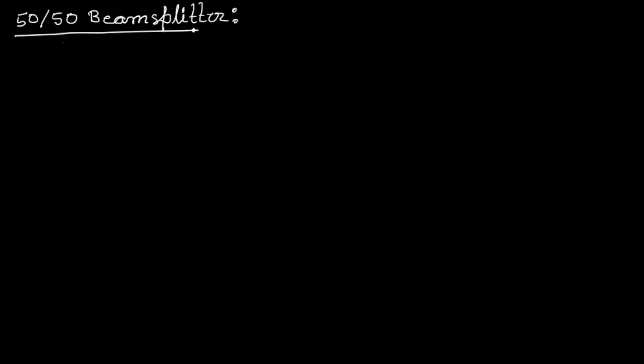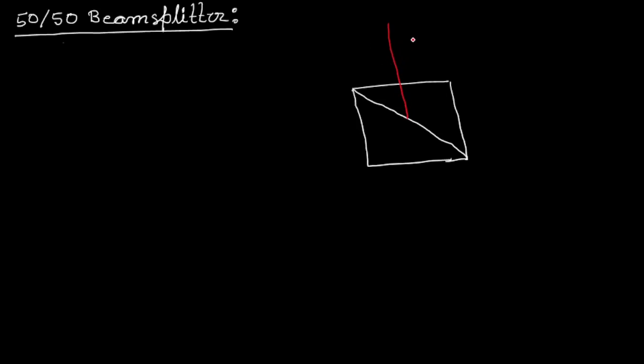It's an optical device, and let's say this is a 50-50 beam splitter. If light is incident on this beam splitter, then the light will divide into two parts. Let's say this is the incident light with intensity I naught.